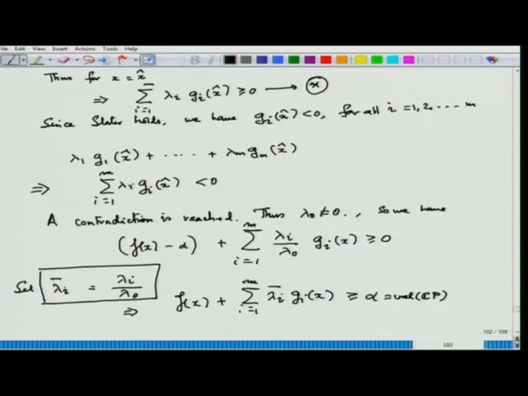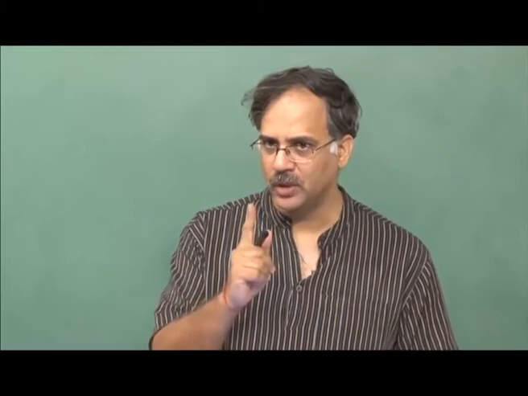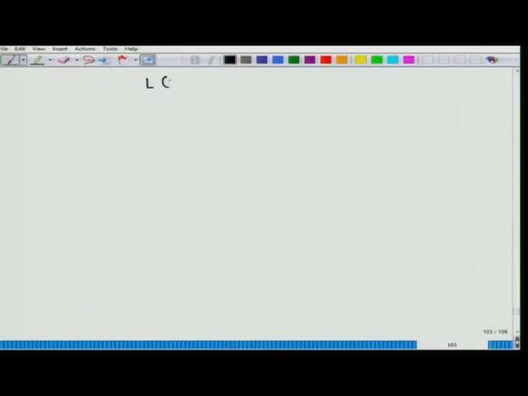If you look at it very carefully, what is this expression? It is nothing but L of x, lambda bar, and that is greater than or equal to alpha, which is the value of Cp. Okay. See, for the original problem I just know that it has a lower bound, I do not know whether there is a minimizer for which the lower bound, the infimum, is attained. So, let me rewrite: L of x, lambda bar is bigger than alpha, which is equal to val of Cp.